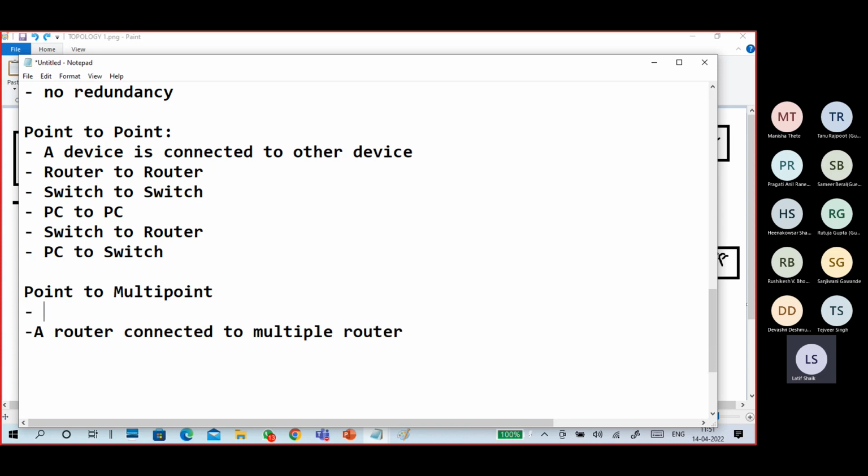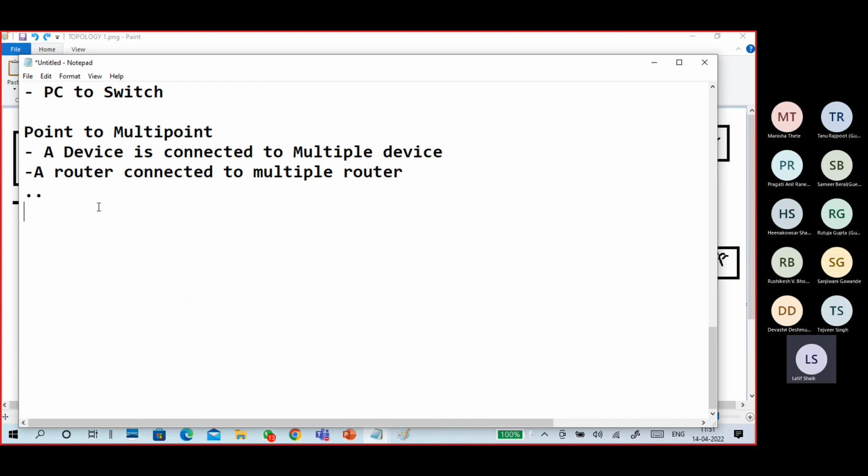Simply a device is connected to multiple devices, or a switch is connected to multiple devices, multiple computers. That all comes under this.